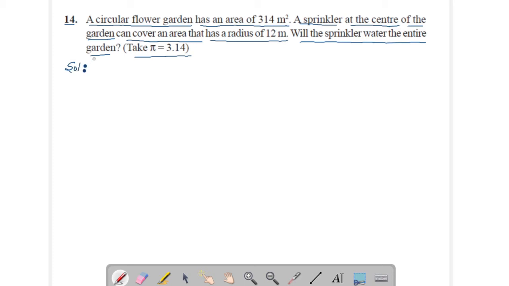Here let us find out how much area the sprinkler can cover in the garden. Area covered by the sprinkler is given by pi r square.